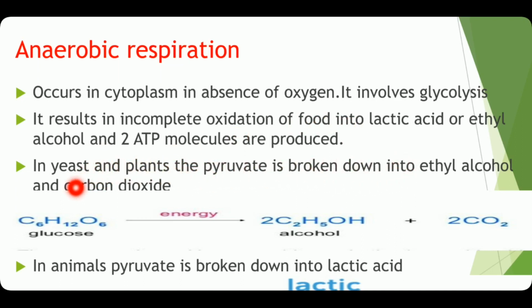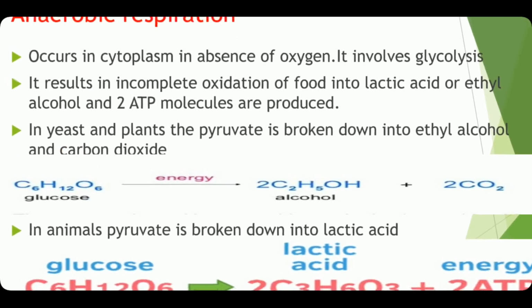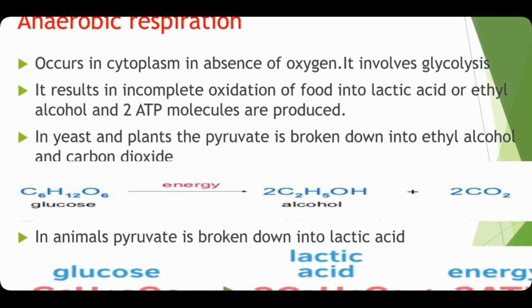As I told you, it takes place in plants, yeast, and bacteria. During anaerobic respiration, glucose is first broken down to pyruvate, and then pyruvate further breaks down and forms ethyl alcohol and carbon dioxide.